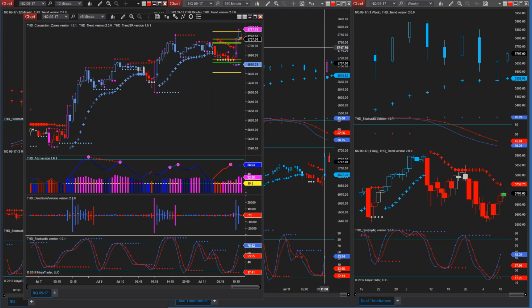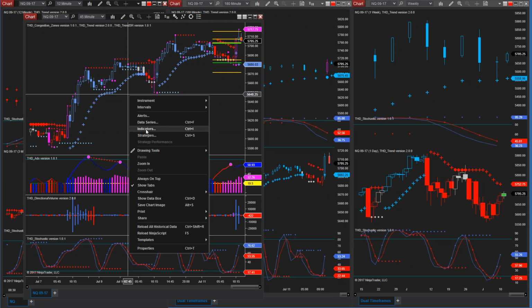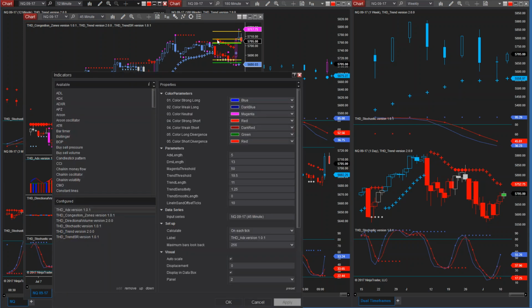Now, I don't need that because I already know reversal bars. I know them like I know the back of my hand. I can identify them anytime, any place, anywhere. Can you? If you can't, then you put that on, and if it gives you another bright dot, then you know you have a reversal bar.